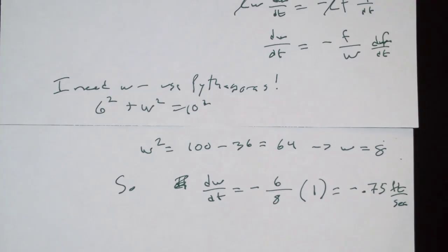This does make sense to be negative. And if the bottom was 6 feet away and the top was 8 feet away, then the bottom would move more than the top to keep the ladder the same length. So being smaller than 1 makes more sense here.